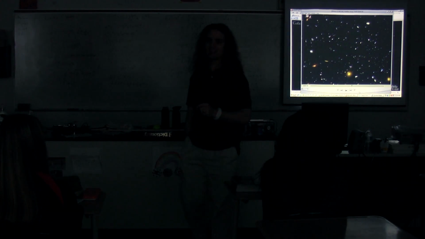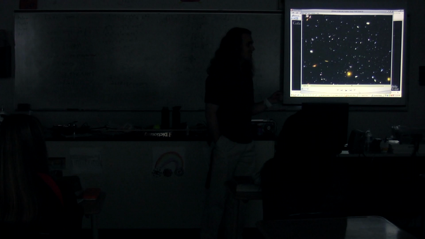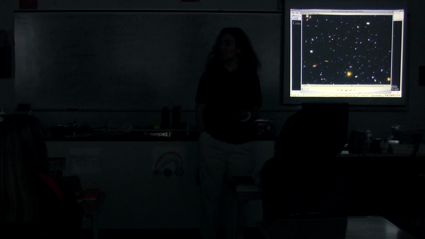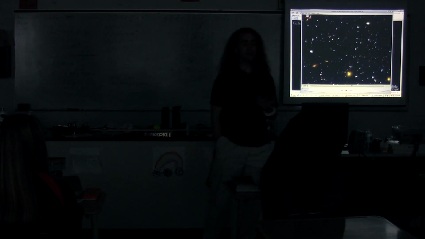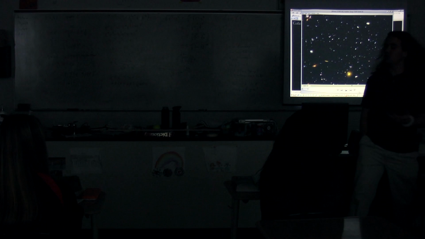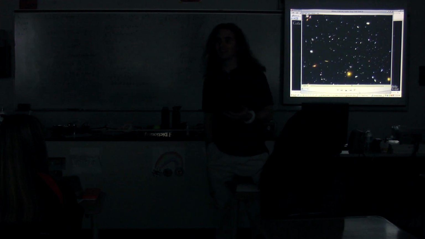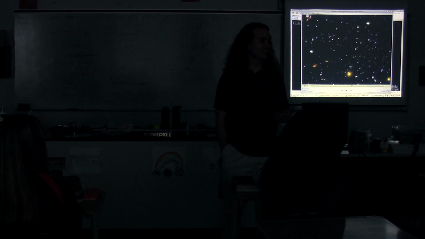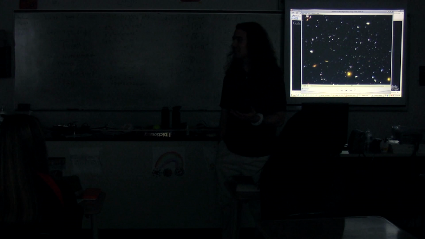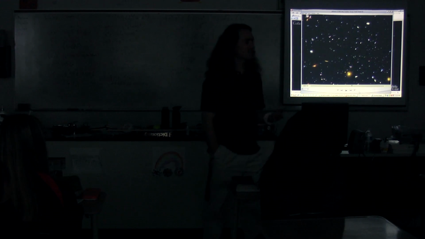Which means that we're actually looking 13 billion years in the past when we look at these galaxies. Right? Because that's how long it took the light to get here. Think about that one. How old's the universe? 13.7 billion, according to recent estimates. 13.7 billion years. We're getting very close to the beginning of the universe right here.